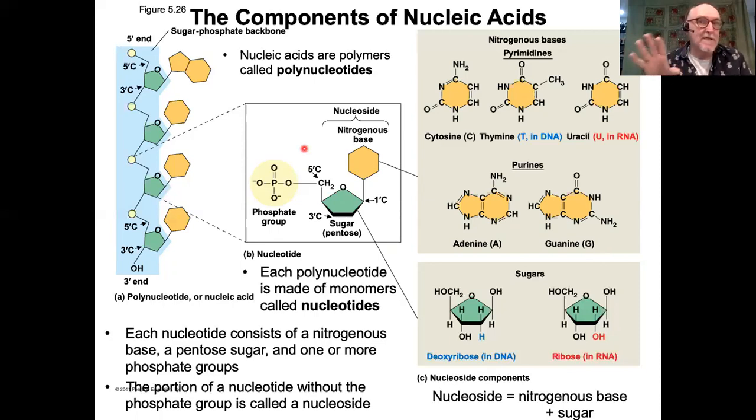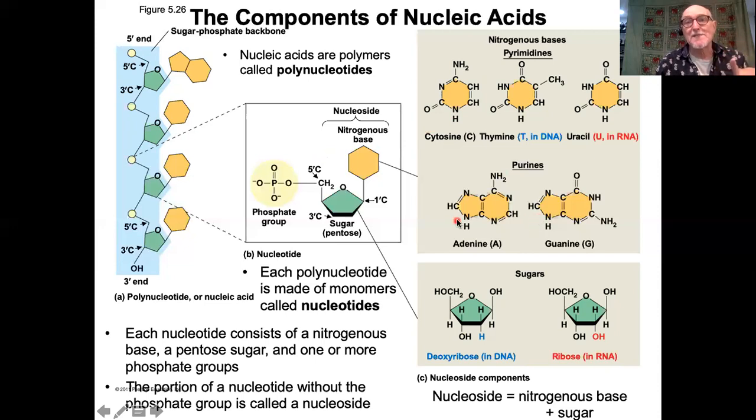One of the very first things that was ever noticed about DNA was it didn't matter where you took your DNA from. If you took it from a human being or an anteater or an ant or a bird or whatever, the DNA might be very different in those different things. But when you analyze the DNA, what you discover was that in DNA, there is always as much cytosine as there is guanine.